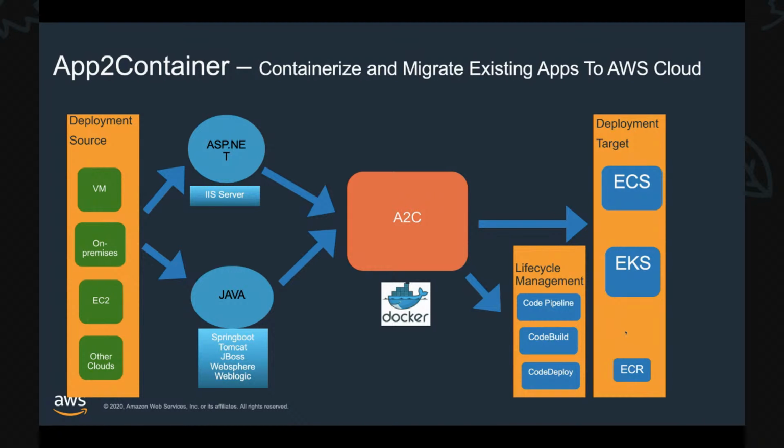It creates ECS task definitions, which means the configuration that you would need to configure ECS. So you don't need to do it manually. Based on the options that you choose, it can also create a Kubernetes deployment YAML, so you can just use that YAML file. You don't need to manually configure anything.